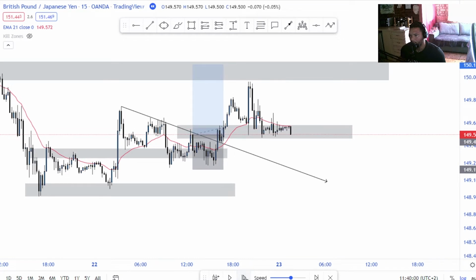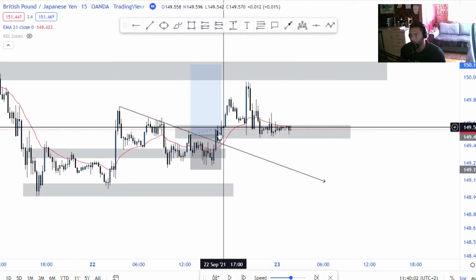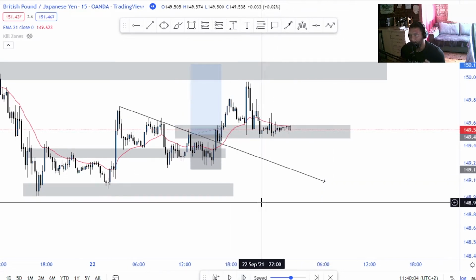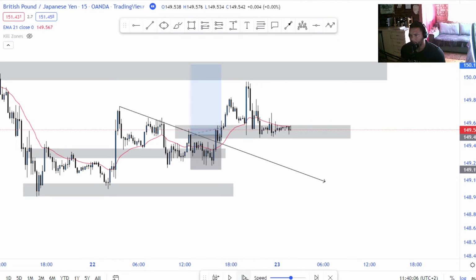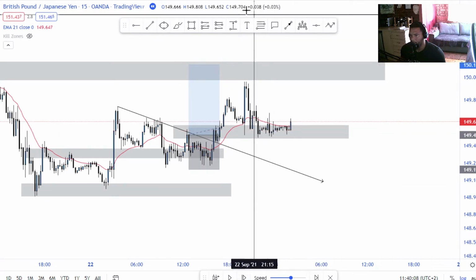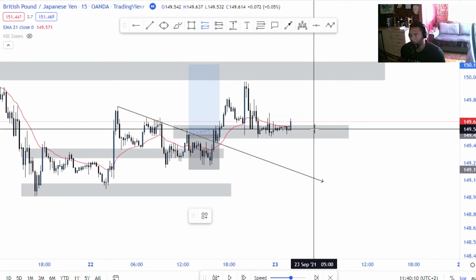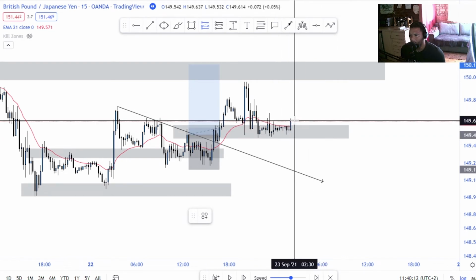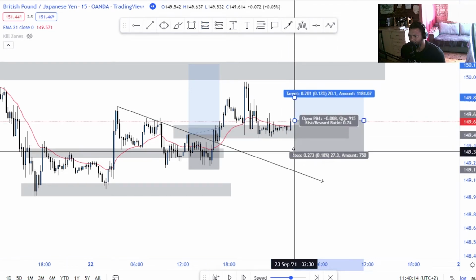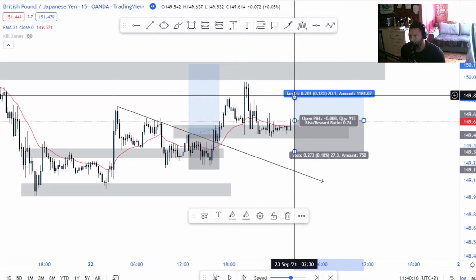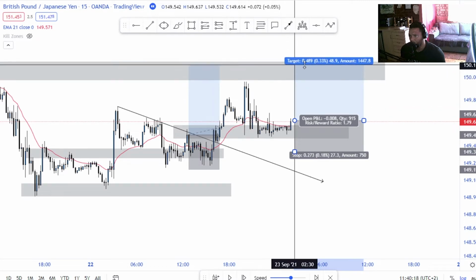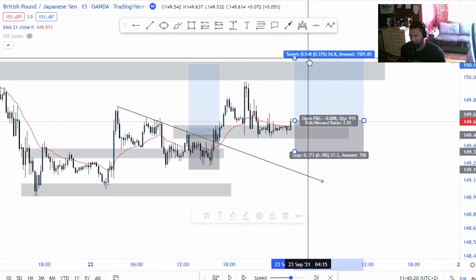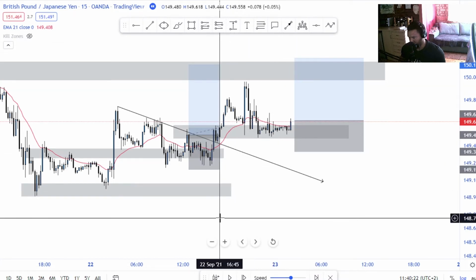Let's wait for it, right? You see how this 21 EMA is acting as a level of resistance right now. That's a candle. That's the only candle that's closing above it. So I will take an entry position right there. Keep my stop just under here, not too far, and my 1 to 2 just right there. Let's see how it goes.